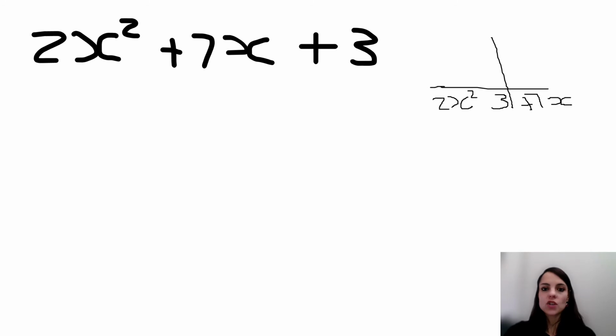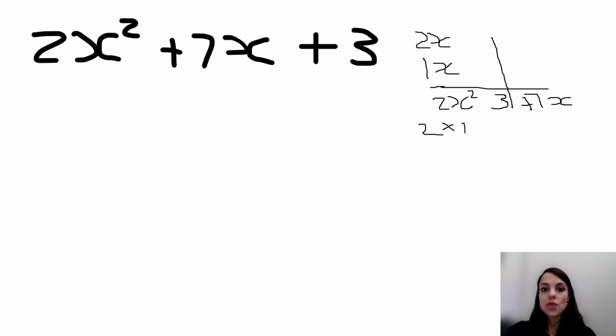Okay, 2x squared, we can still say 2 is just 2 times 1. So the only thing that you can do is 2 and a 1. X and x will give you x squared. It does not matter if you put the 1x here and the 2x there, as long as, you'll see when we cross multiply, you just multiply correctly.